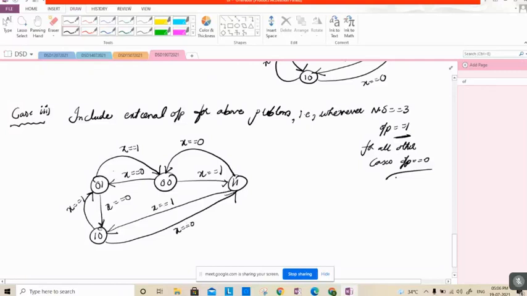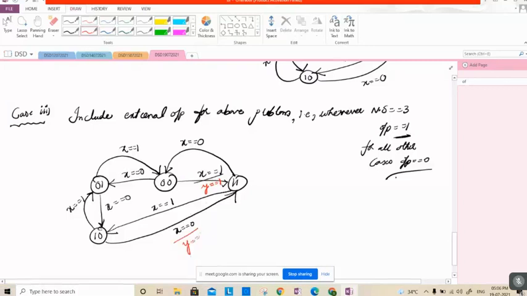Right. So what is our condition? When is the output equal to 1? Whenever the next state is equal to 3. So this is the case when the next state is equal to 3, so here y is equal to 1. And where is the other case? This is the one, right?